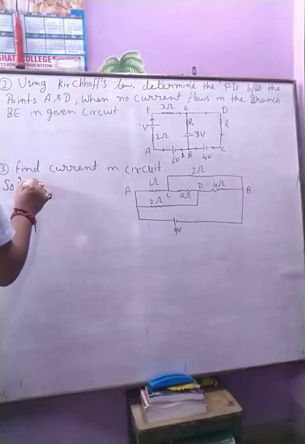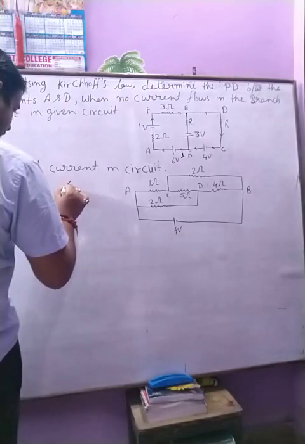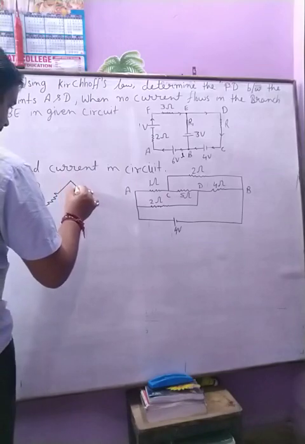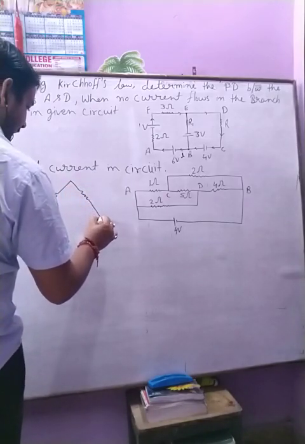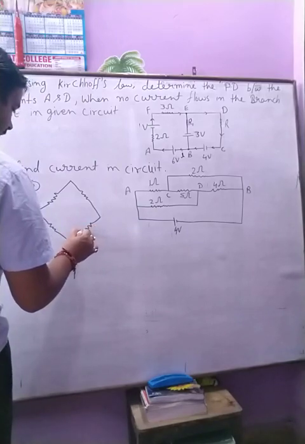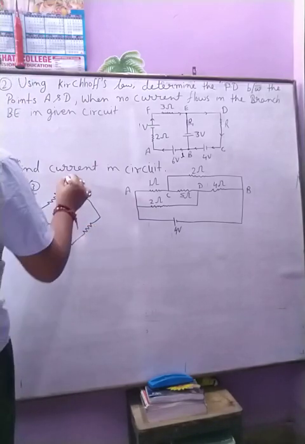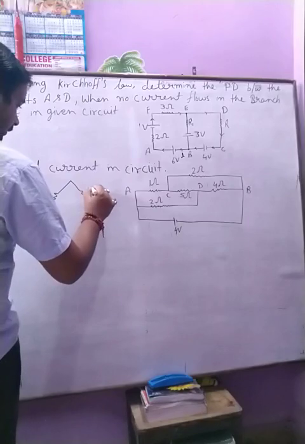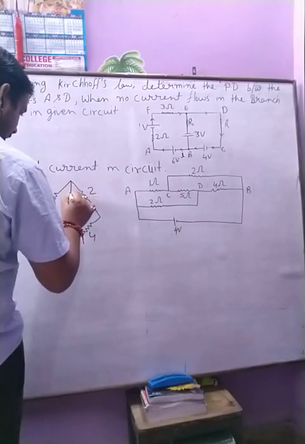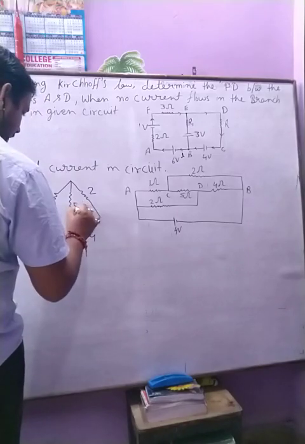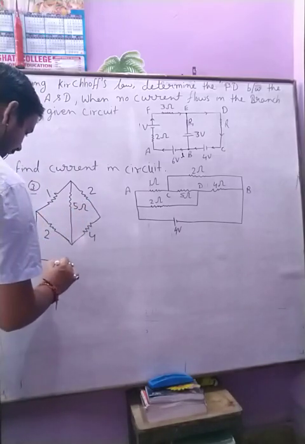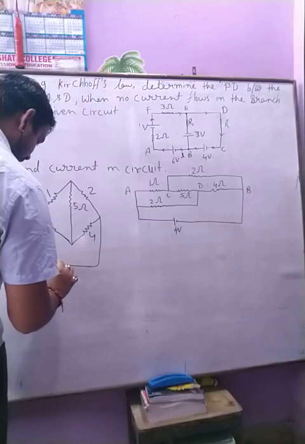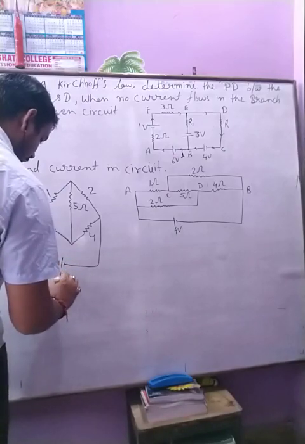So we solve this. Solution number 3. In this, we resolve this circuit in the Wheatstone bridge, and we get 1 ohm, 2 ohm, 2 ohm, 4 ohm, and this is 5 ohm, and here a battery of 4 volt is connected.